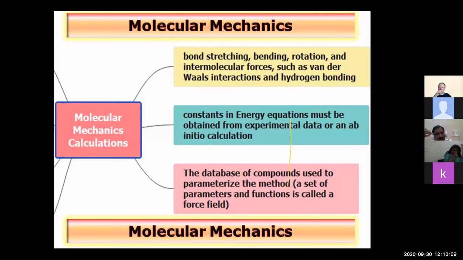The molecular mechanics method may be parameterized against a specific class of molecules such as proteins, big organic molecules, organometallic compounds, etc. So molecular mechanics allows the modeling of very large molecules by avoiding quantum mechanical electronic interactions.